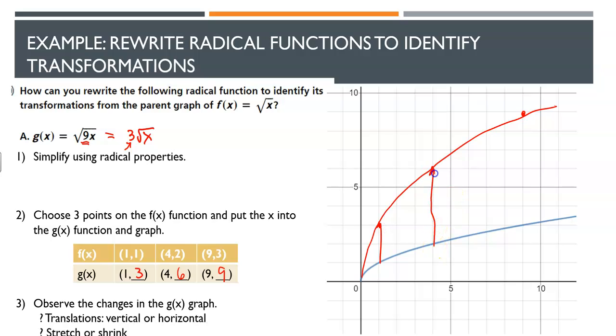Yep, they're getting higher and higher and higher. So this is 9, 3, and this one is 9, 9. This one is 4, 2, and this one is 4, 6. This one is 1, 1, sorry. And this one is 1, 3.